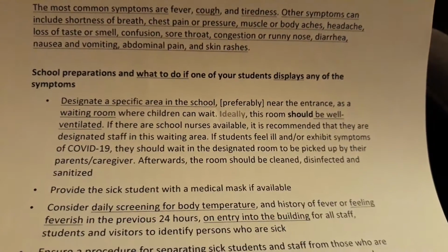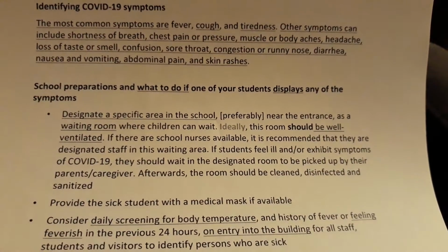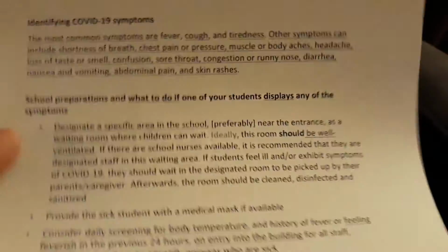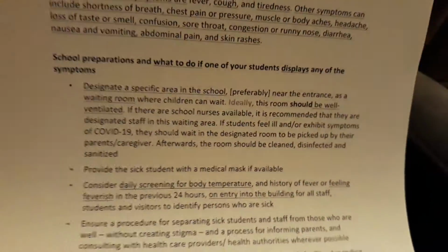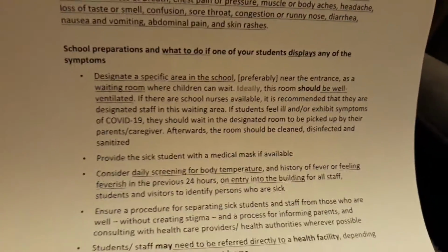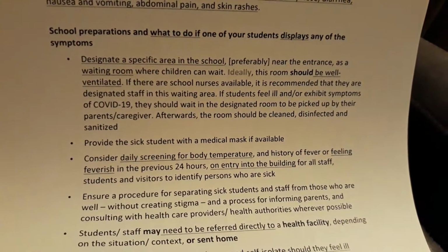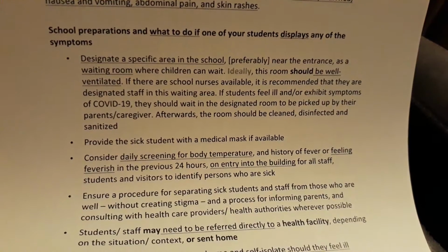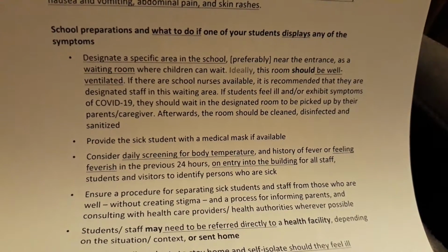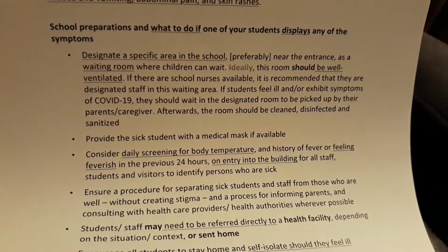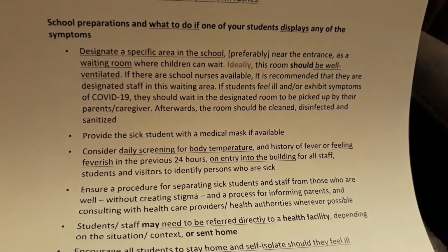School preparations and what to do if one of your students displays any of the symptoms. Displays here is very formal language for instructions, for instance. Designate a specific area in the school, preferably near the entrance, as a waiting room where children can wait. Ideally, this room should be well ventilated.